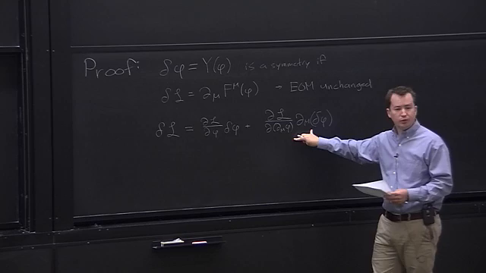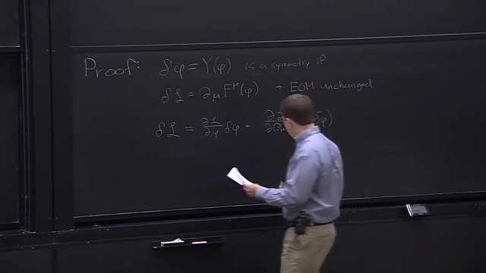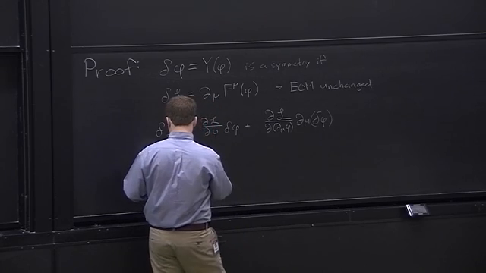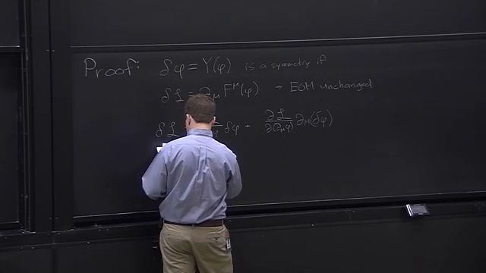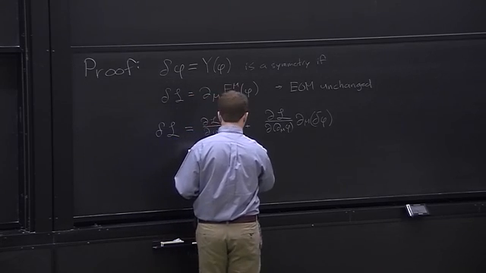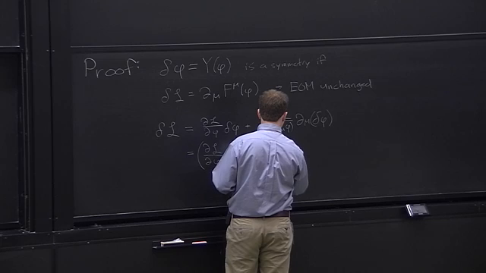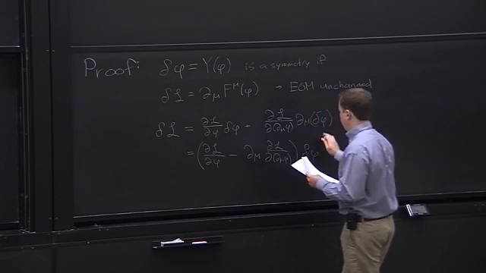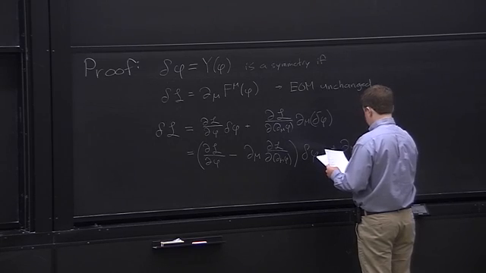And we can use the product rule in reverse, or essentially integrating by parts without the integral, to bring this derivative over here. What we get, this term is fine, we get a minus ∂_μ (dL/d(∂_μφ)) times δφ, plus we have to add back in this term.